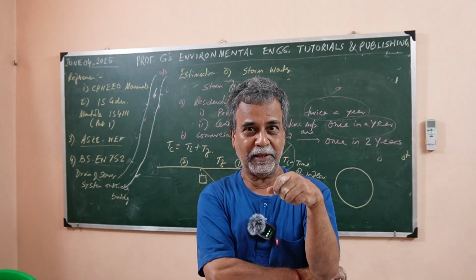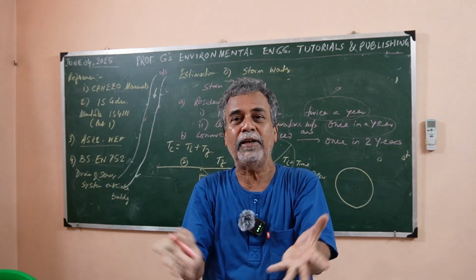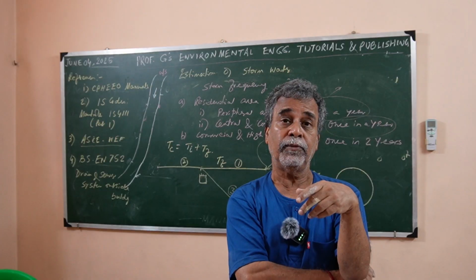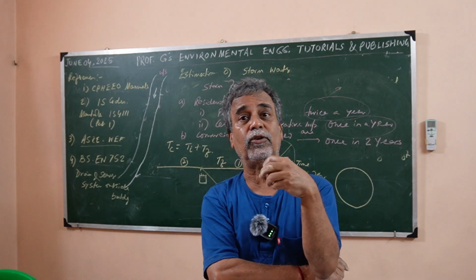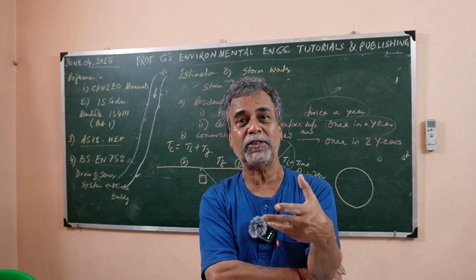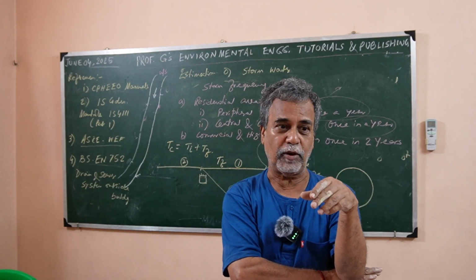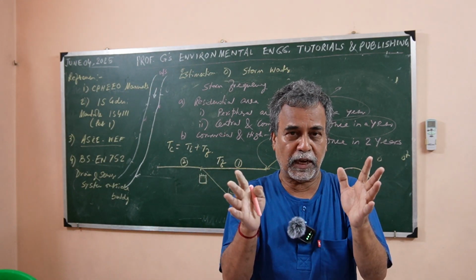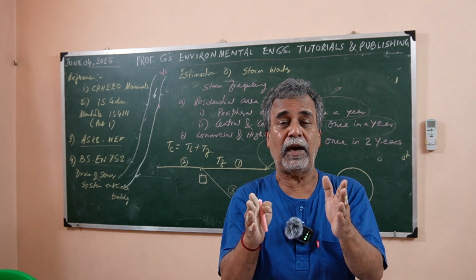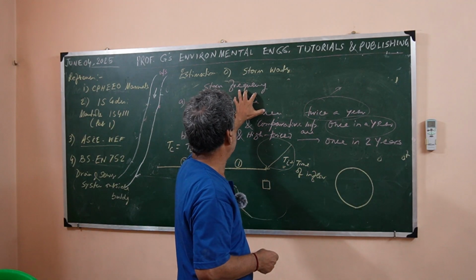You cannot consider a once in 10 years flood and unnecessarily provide bigger diameters, for which the cost will be more. On the other side, you cannot let very important areas, high-priced, commercial, institutional areas, be flooded very frequently. So, considering these two major parameters, we decide what the storm frequency would be.